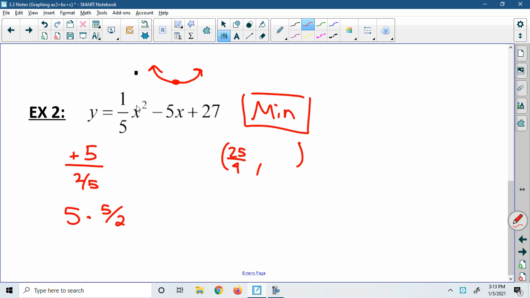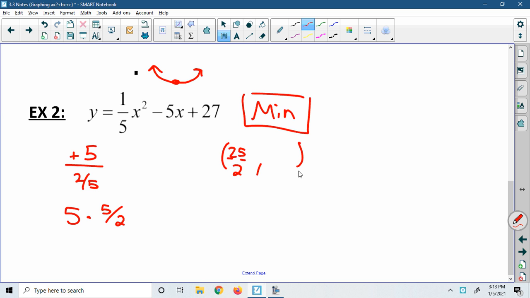When I went through and I plugged a 25 over 4 for all of my x values, back up there, I totally messed that up. It's not 25 over 4, it's 25 over 2. I don't know where I got that 4 from.